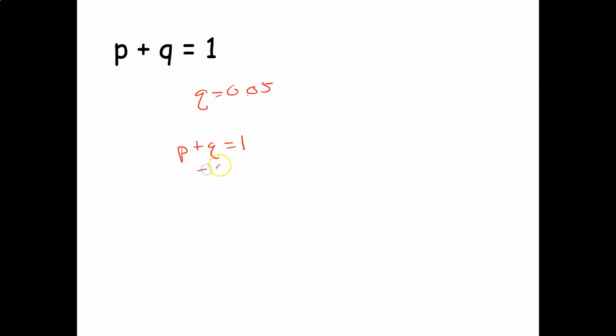So if I subtract q from both sides, then they cancel out over here, and that leaves me with p equals 1 minus q. So now I can take what I have for q and plug that in. So p equals 1 minus 0.05, and that's going to give me 0.95.